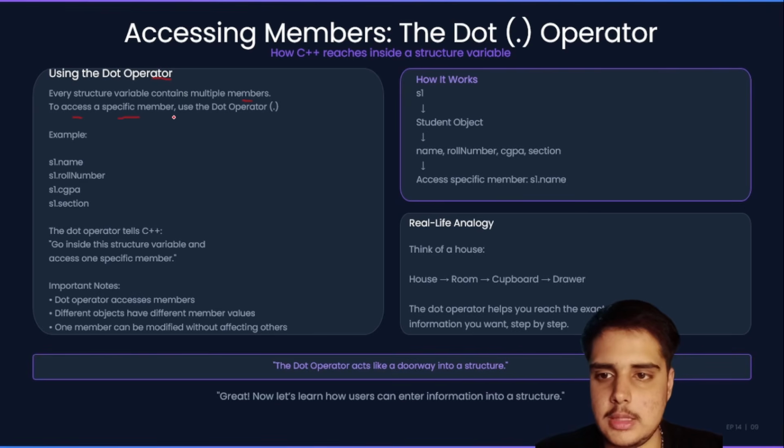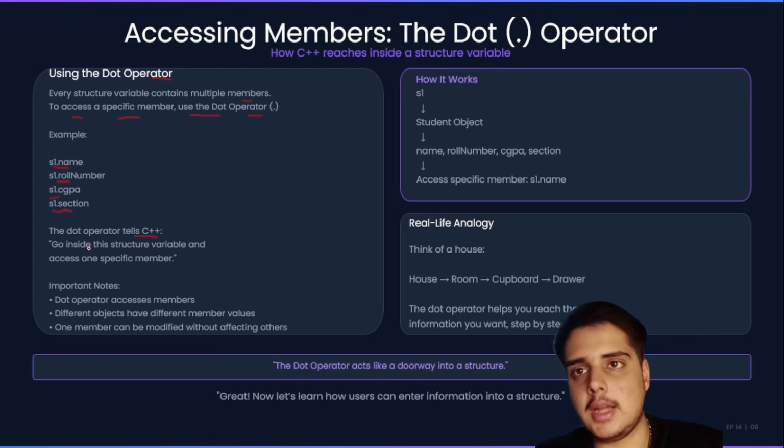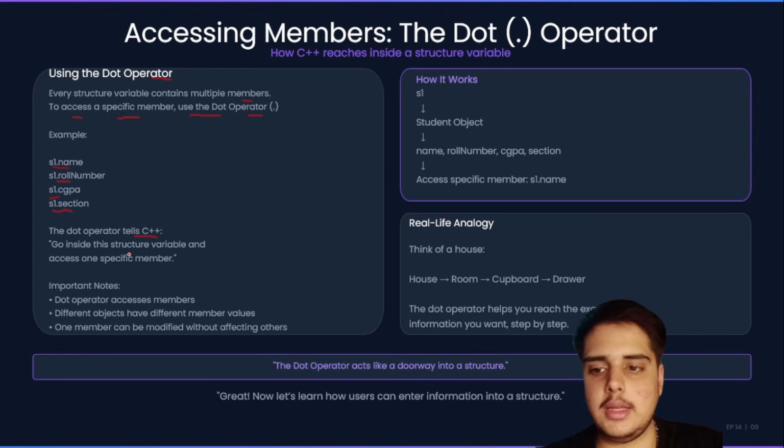To access a specific member, use the dot operator. Example: s1.name, s1.roll number, s1.cgpa, s1.section. The dot operator tells C++ to go inside the structure variable and access one specific member. Different objects have different member values, and one member can be modified without affecting others.